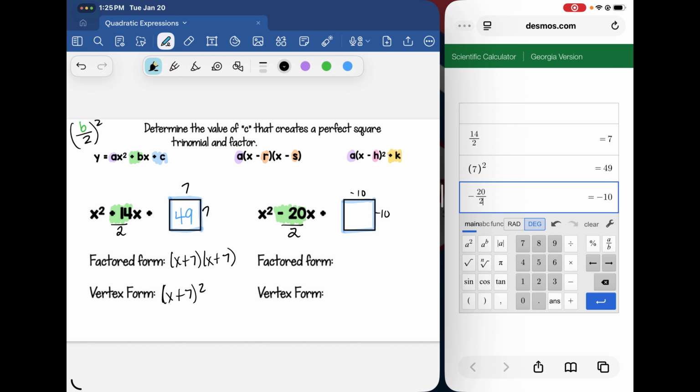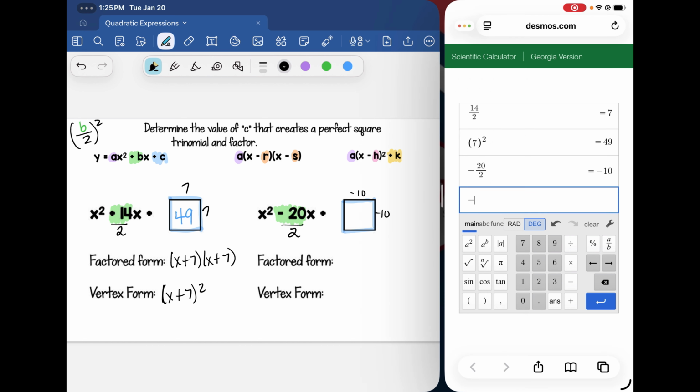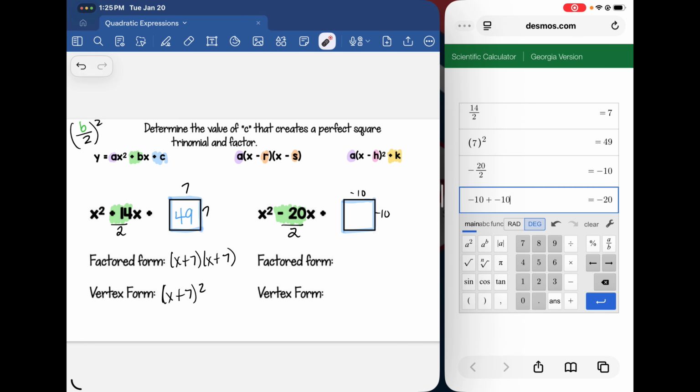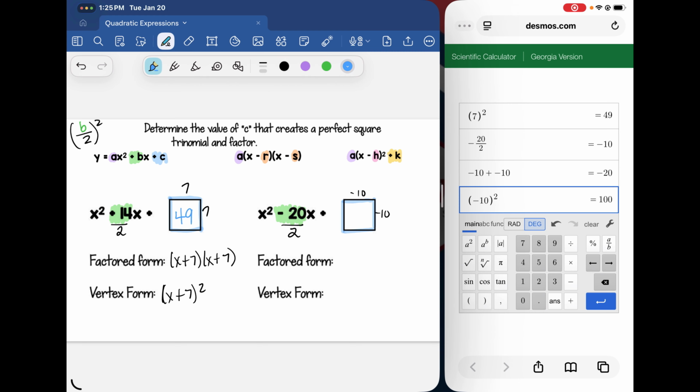Because -10 plus -10 is equal to a -20. But what is -10 times -10? So parentheses, -10, close parentheses, squared gives me a +100. So the value of c that will complete this square is 100.